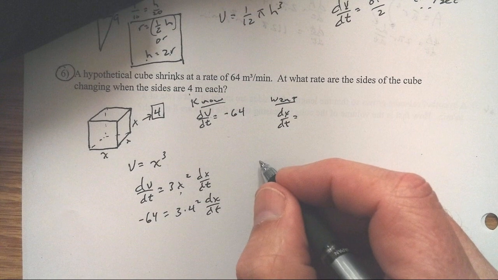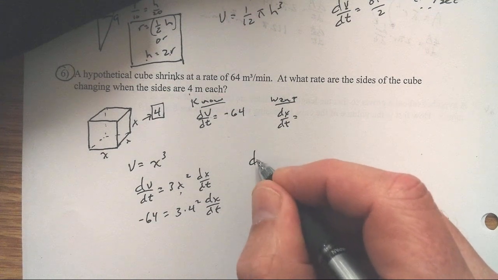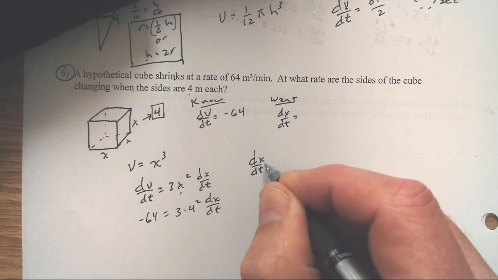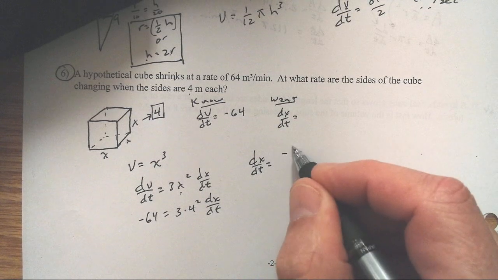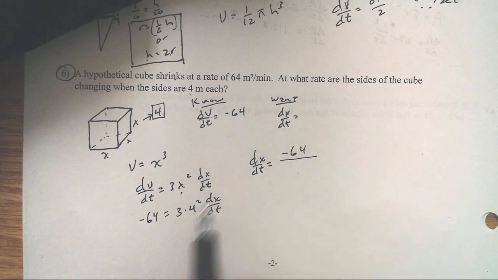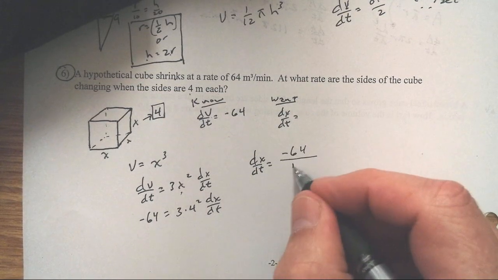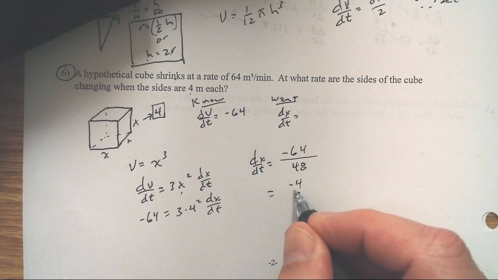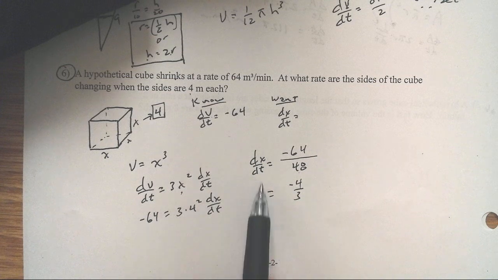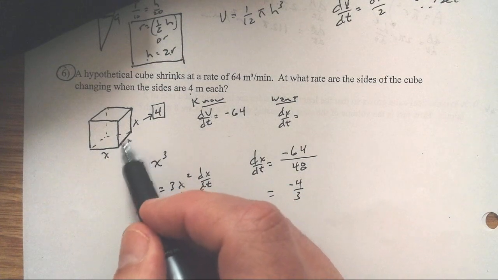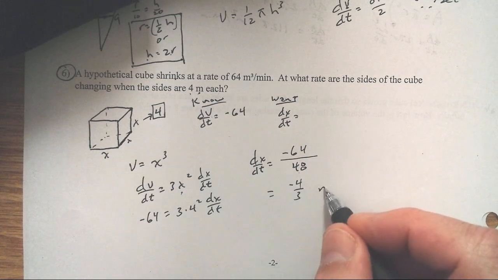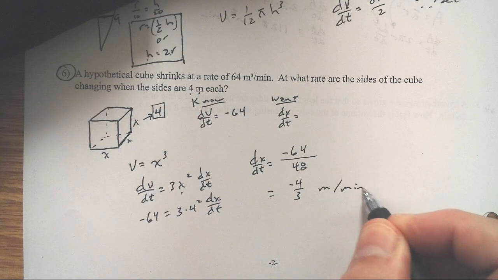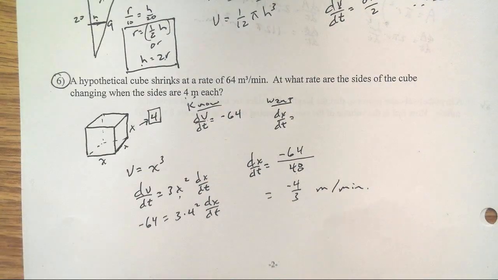So what do we get? dx/dt equals negative 64 divided by 16 times 3, 48, or negative 4/3. That's our x, that's the length, so that is just plain old meters per second. It's not an area, not a volume.